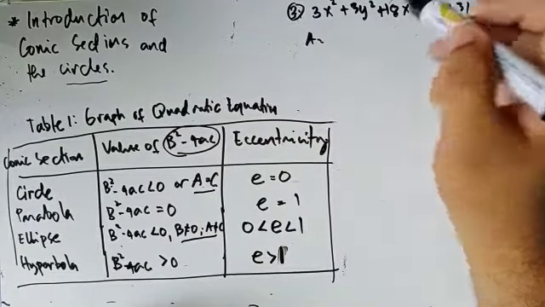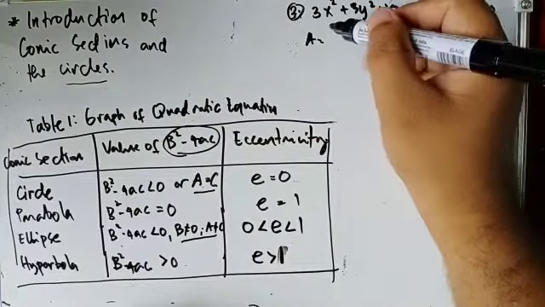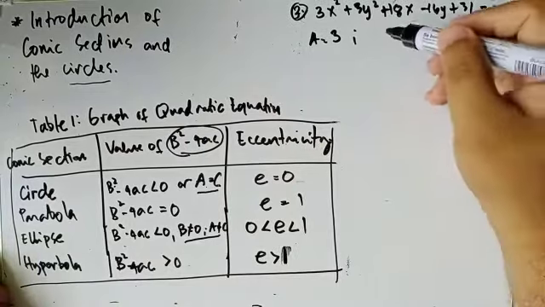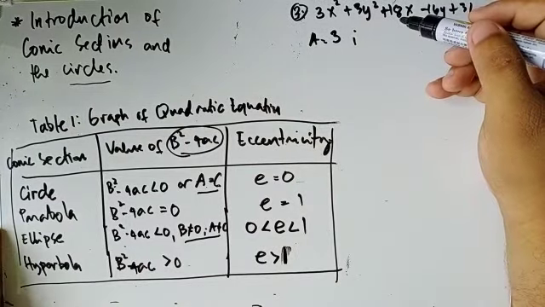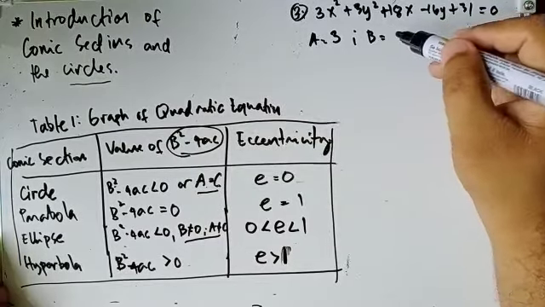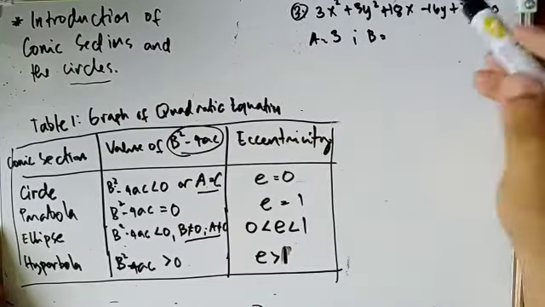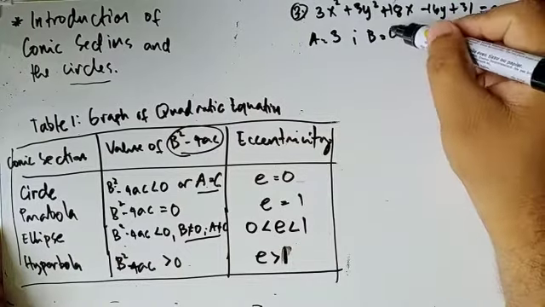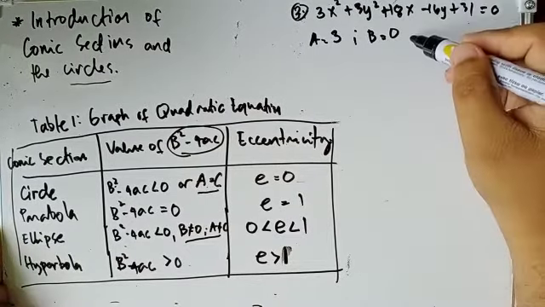Now, what is a? Obviously, yung a nasa x squared. That is 3. Nakuha, walang problema doon. Now, question. Ano yung b naman natin dito? Meron ba dyang variable na xy magkasama? Wala. So therefore, yung b natin dito must be equal to 0.